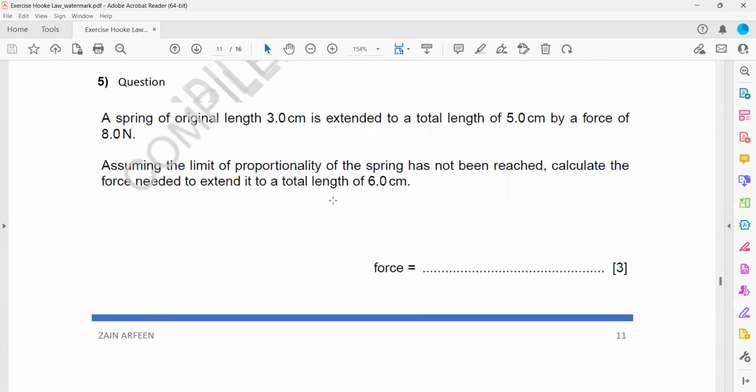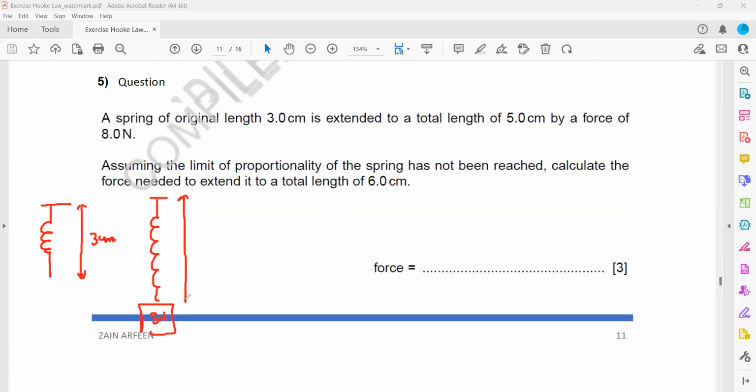In question 5, a spring with an original length of 3 centimeter. Without any load, the length was 3 centimeters. When a load of 8 Newton is applied, the length of the spring is 5 centimeter.